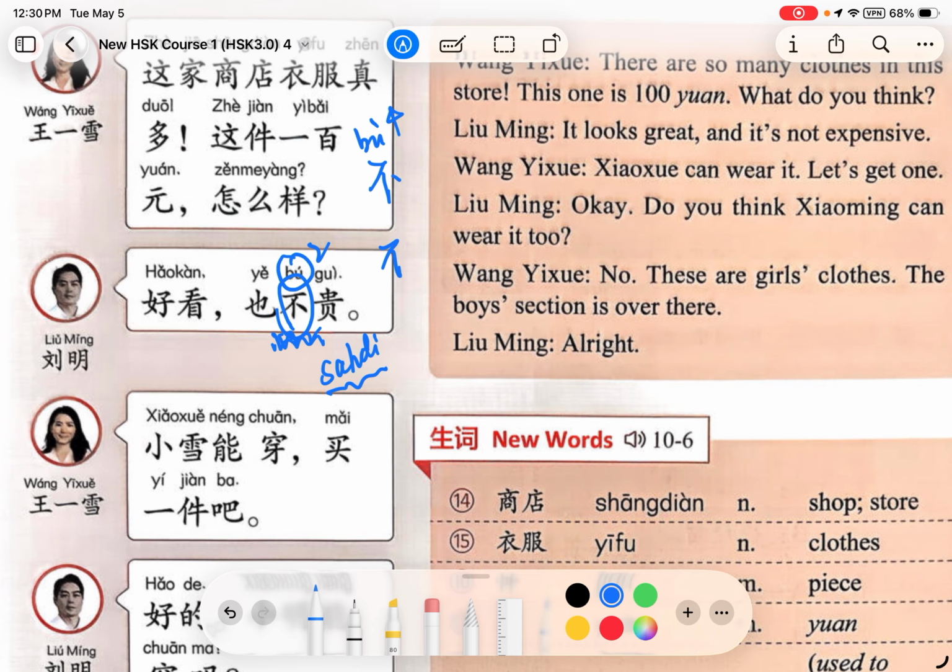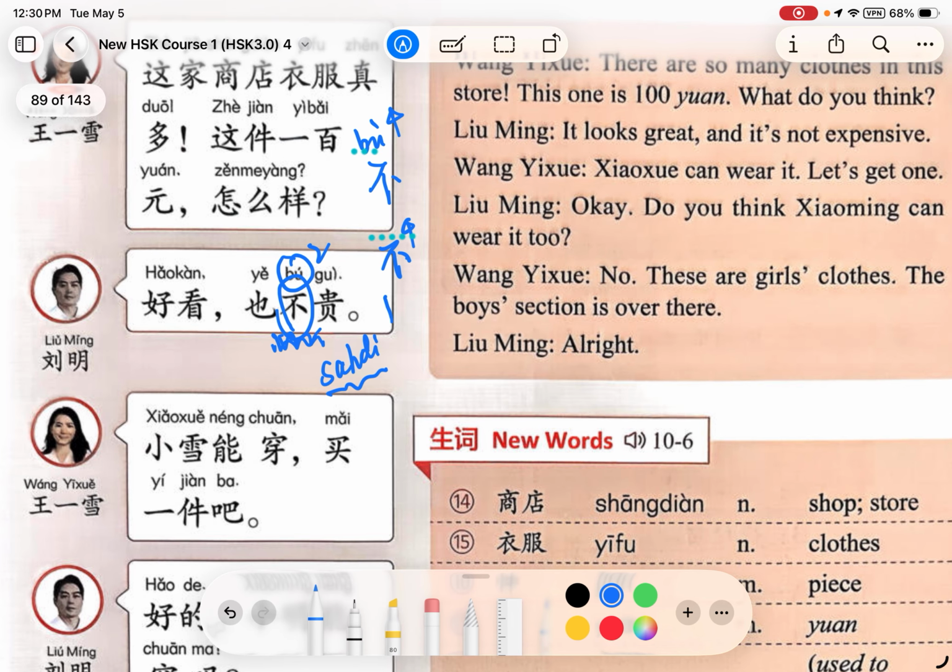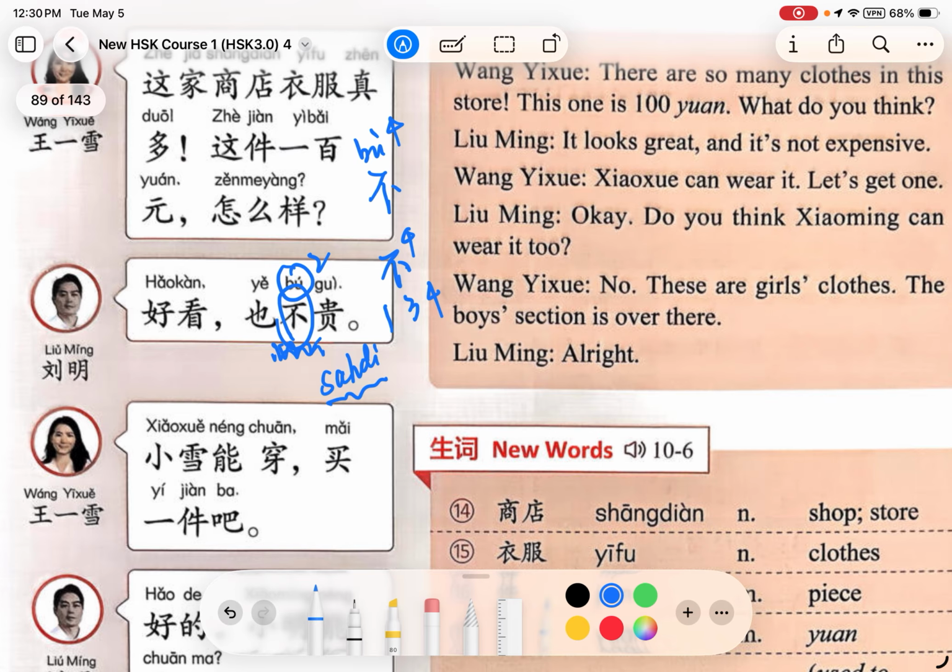For example, this character 不 is first tone. When it's in front of a character that has first tone, third tone, or fourth tone, we change the tone from first tone to second tone.